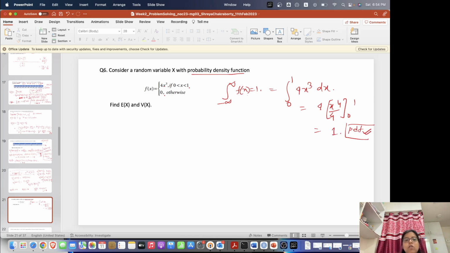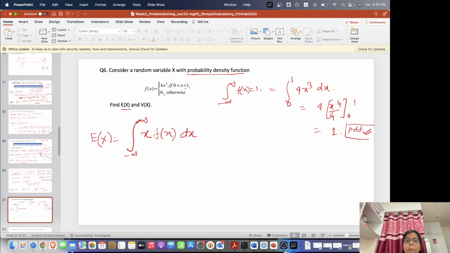So in the context of a continuous random variable, if I have to find expectation of x, that is nothing but the integration of x into fx dx, x ranging from minus infinity to plus infinity.